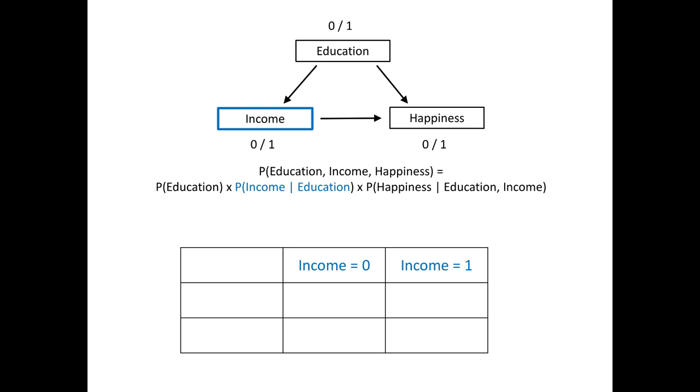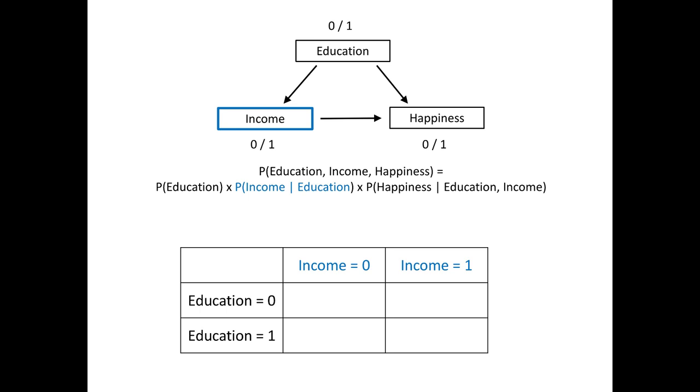First, we determine that the conditional probability table for income has two columns, given that income can take two values, 0 and 1. Next, given that education is the only variable in the conditioning set and education can take two values, the table will have two rows, one for each value education can take. When there is only one variable in the conditioning set, the number of rows will be equal to the number of categories a variable can take.